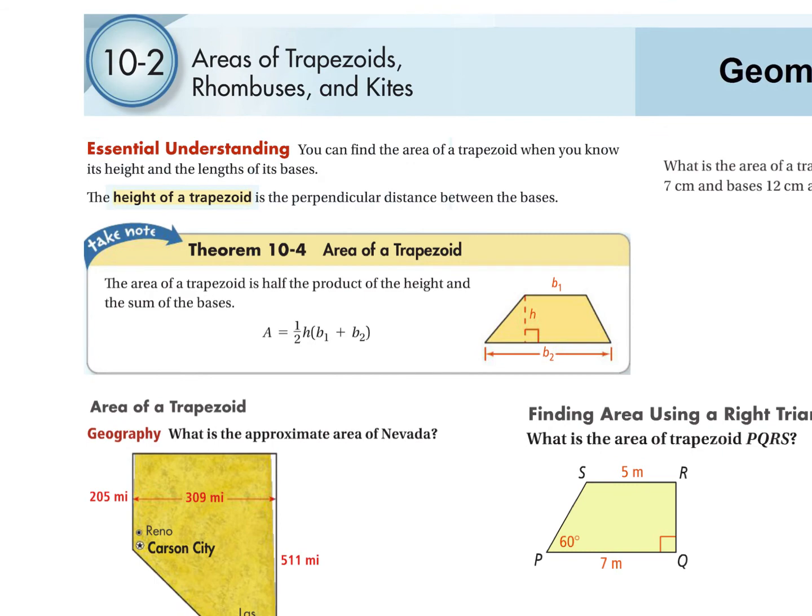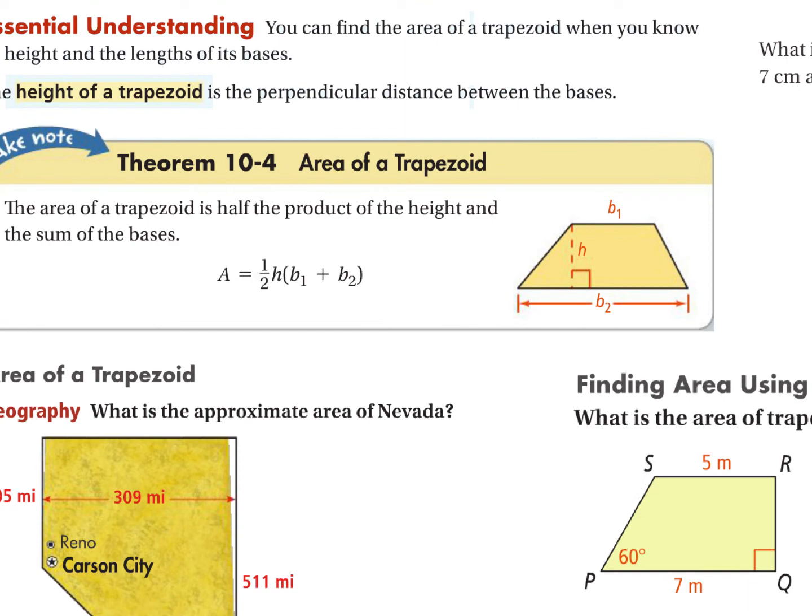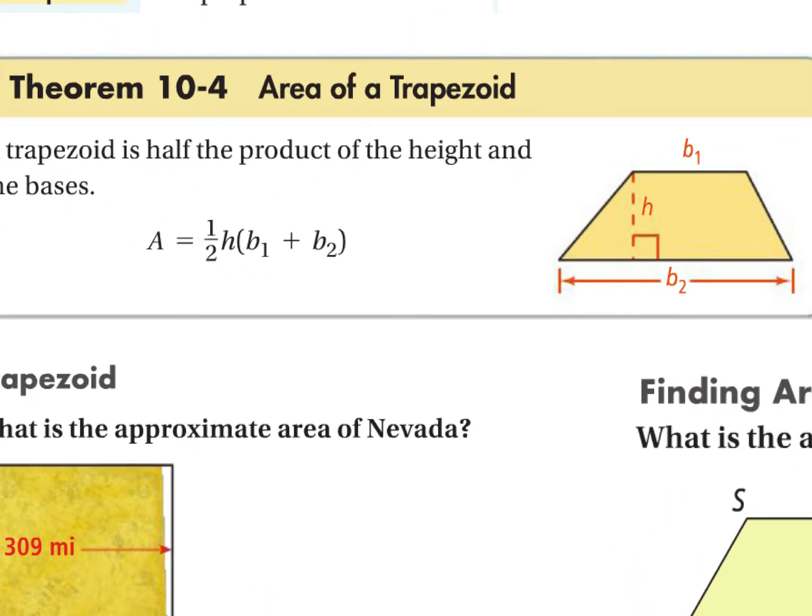So a trapezoid, here is the formula. It's on your cheat sheet. It's 1/2 times your height, h is height, and then parentheses, base 1 plus base 2. So this is base 1 and this is base 2.